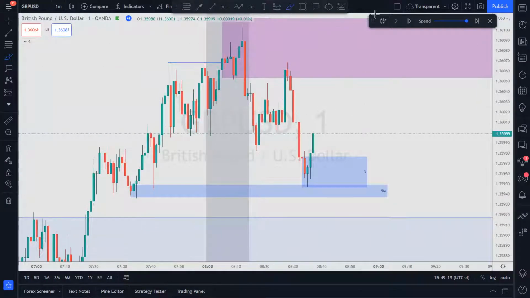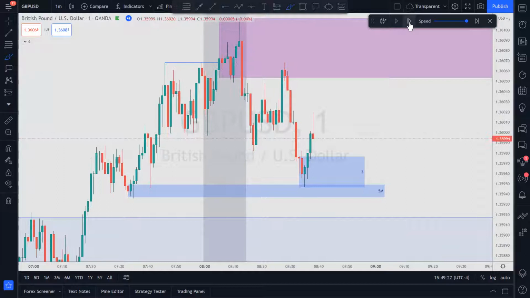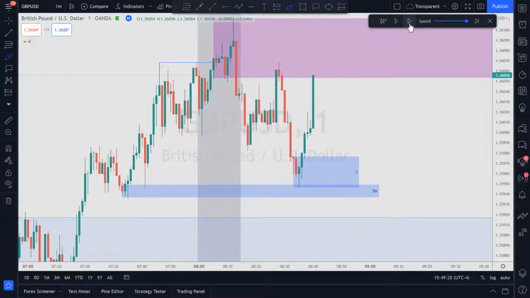Okay. Let's see what we got. We're going higher, but that is a doji. There's a lot of exhaustion in that candle. Are we coming back? Dog it, I was hoping it would come back and get me. But we're still below that low. We didn't break that low.